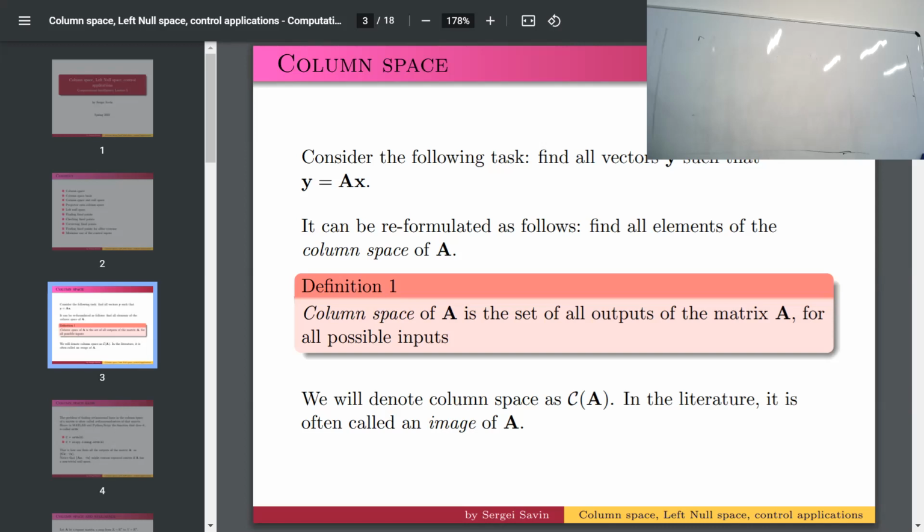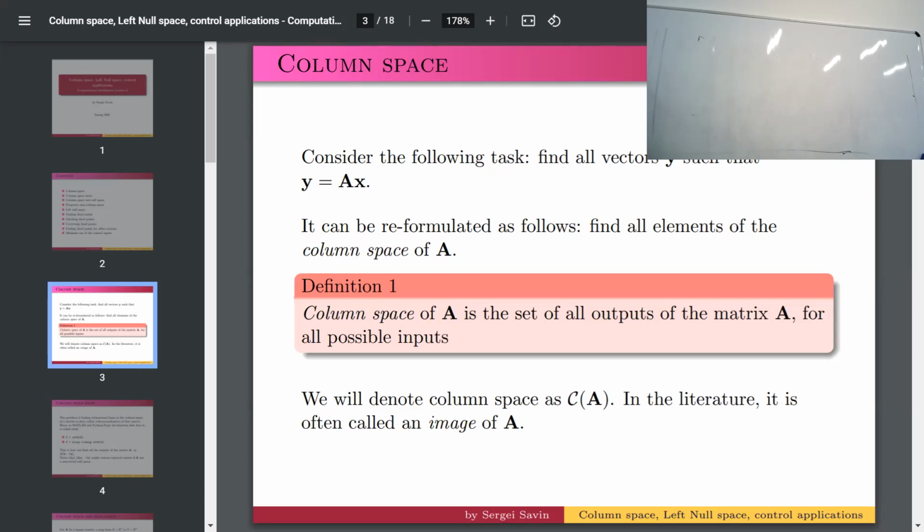So column space is basically the span of the columns. You remember span is all linear combinations of a set of vectors, but all of them have the same meaning. Column space, span, image is the same thing.